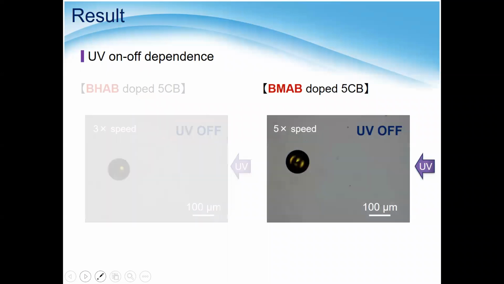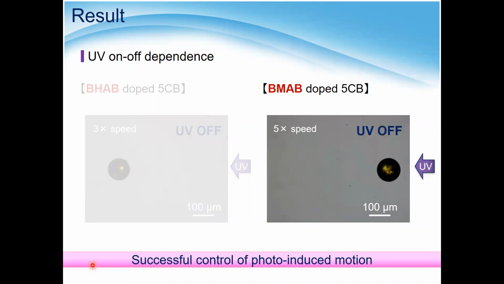On the other hand, in the case of BMAB, when the UV is on, it moves toward the light source, same as MBBA, and off, it stops, and then on, it moves again. So we could successfully control the motion, and also surprisingly, by just changing the small molecular structure of the doping dye, we could control the direction.